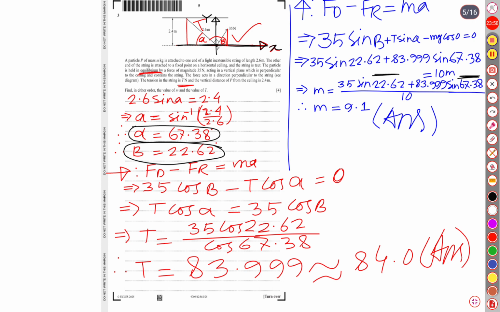Okay, so alpha is equal to 67.38, whereas beta is going to be 22.62. So let's see the next question.